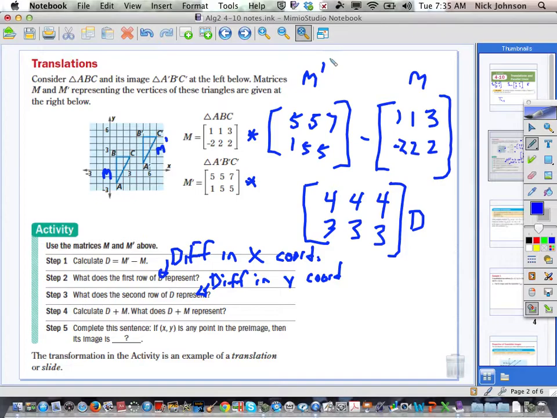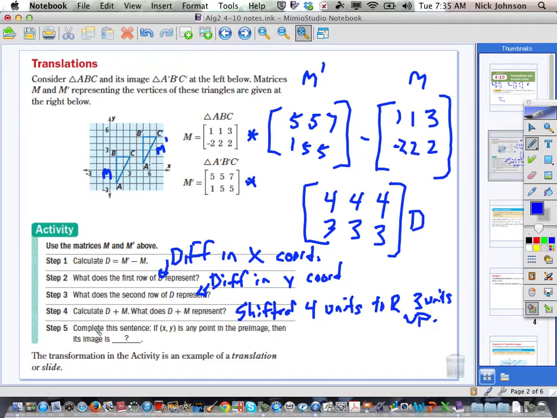So when I do that, it means that my matrix got shifted 4 units to the right, right? 1 plus 4 is 5. 4 units to the right and 3 units up. This says x got moved 4 units to the right, 3 units up.